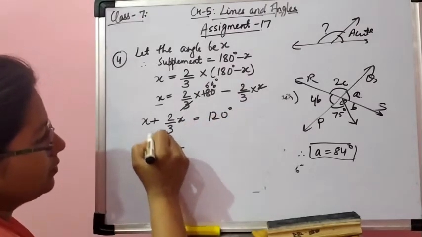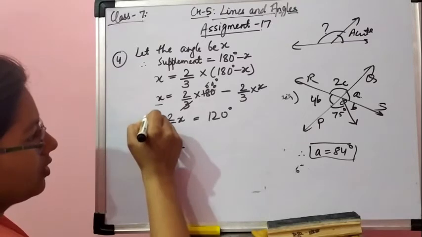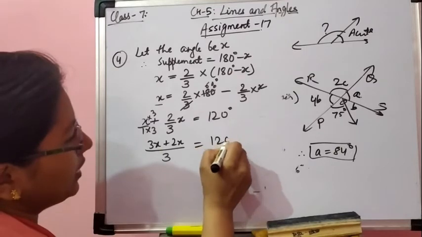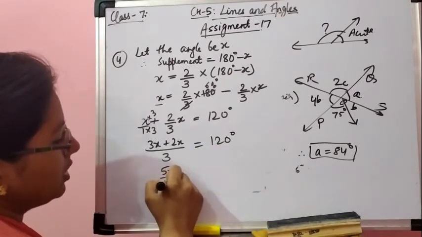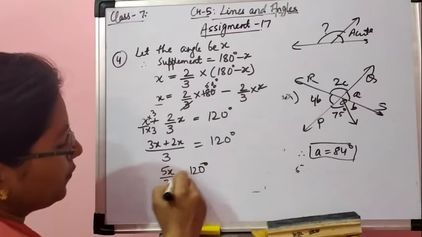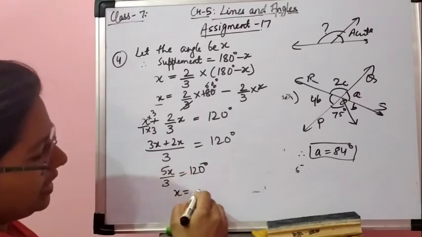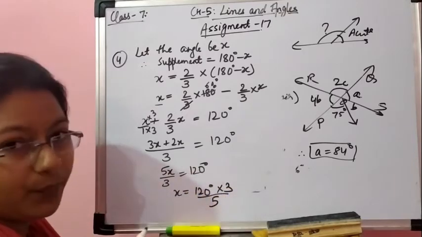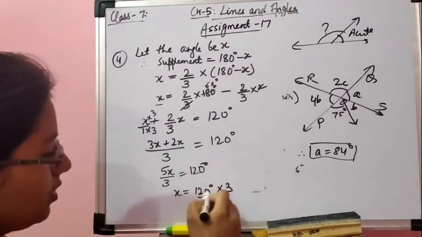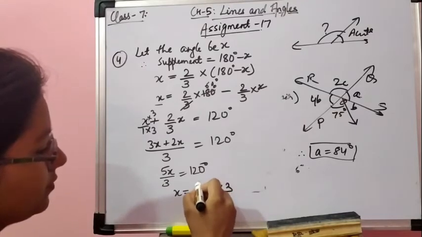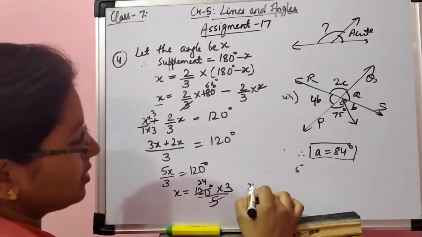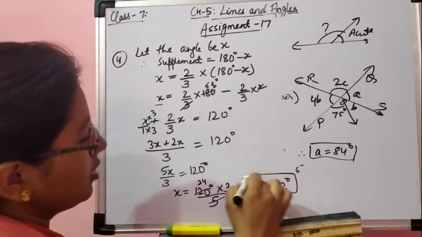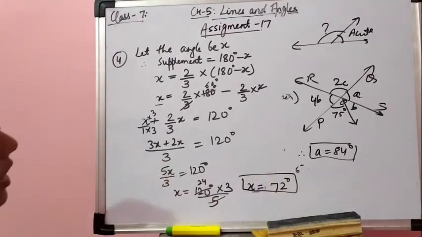So when I will take LCM, okay, so this is coming 3x plus 2x is equal to 120 degree. 5x upon 3 is equal to 120 degree. So x is equal to, this 3 is in divide, which will go in multiply, and 5 will come in divide. Okay. So when you will solve it, x is equal to 72 degree. In this way you can find out the answer.